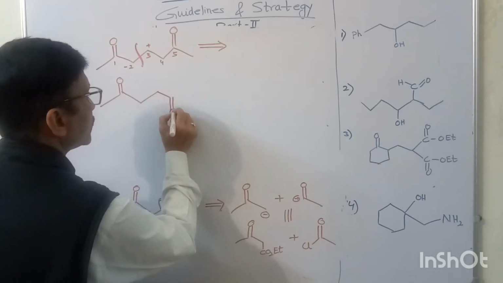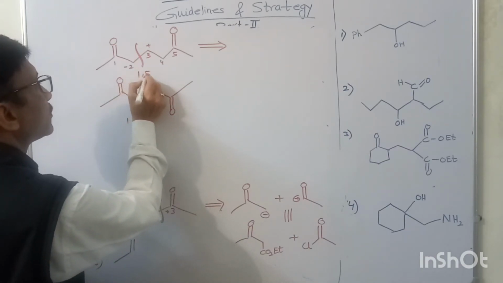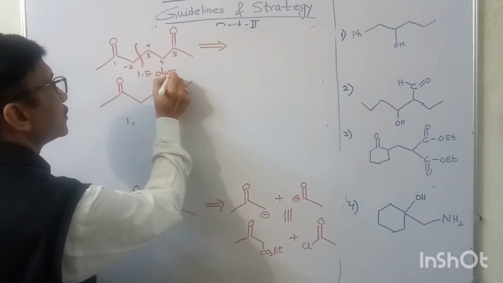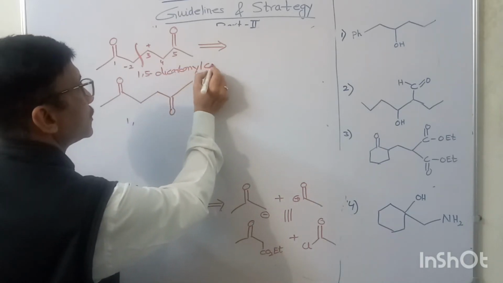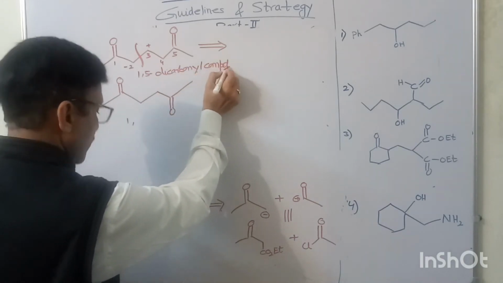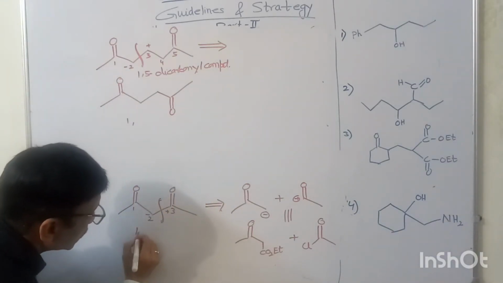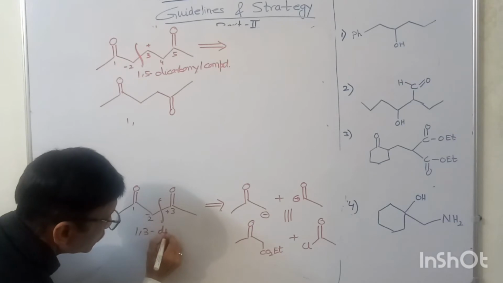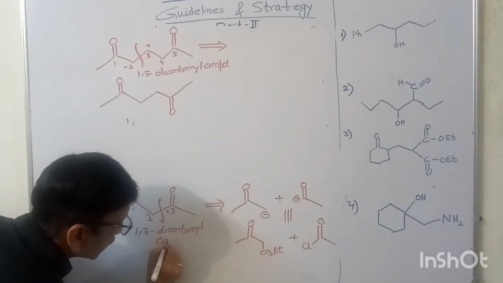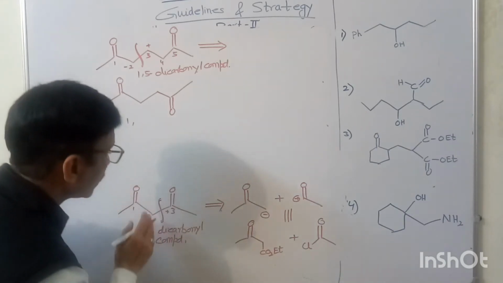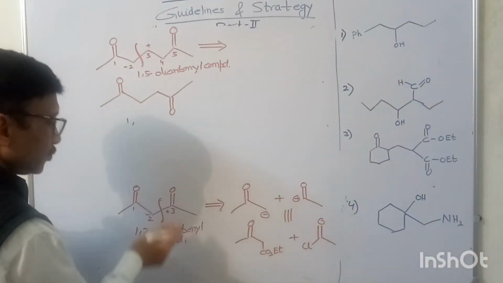This is the 1,5 dicarbonyl compound, and this is your 1,3 dicarbonyl compound. For this 1,3 and 1,5, a similar 2,3 disconnection is done.